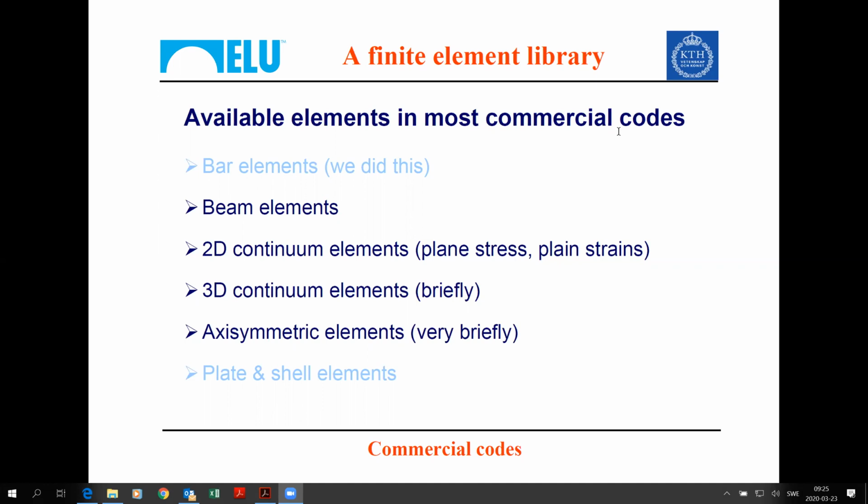We will discuss briefly how we can extend this to three-dimensional continuum elements, the so-called volume elements. And then we will briefly talk about axisymmetric elements. We will not touch upon plate and shell elements, which are the job of Andreas a bit later on during the course.